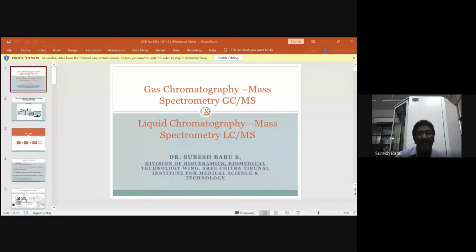It is very highly sensitive compared to other chromatography techniques, and it can be used for identification of the molecules. Actually, this identification is very unique. In normal LC, we use retention time for identification. Here, no need of using this retention time. It is actually fingerprinting. The compound is identified based on the mass spectrum of the compounds, and it is also very suitable for simultaneous multi-component analysis.